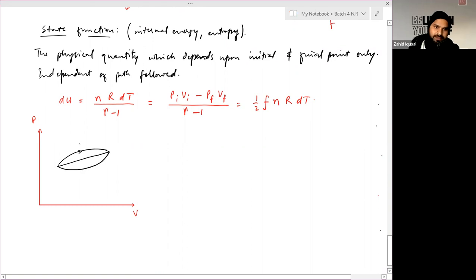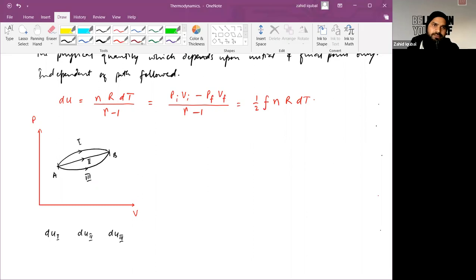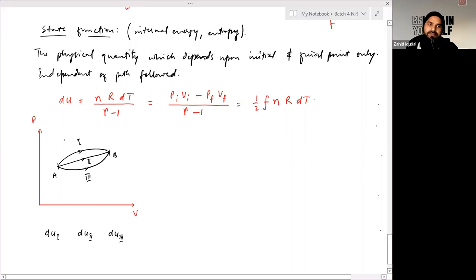Along this way, path first, along this way, path second, and along this way, path third, from some point A to point B. So you're asked to calculate change in internal energy along path 1, along path 2, and along path 3. Nabila, try to answer. What would be the relation between these three different changes in internal energy related to this graph?